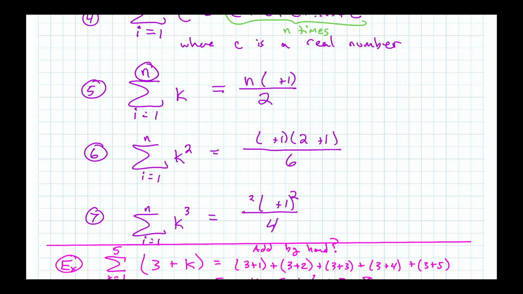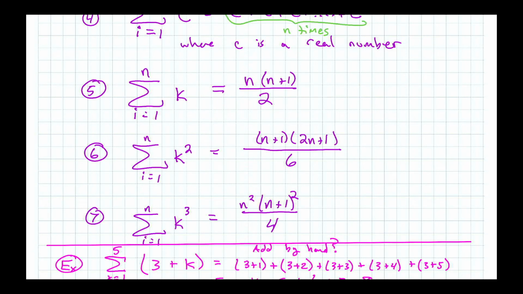The stopping index is what gives you your formula here. Those are all supposed to be n's, because that's what I used as my stopping index. I don't know why I screwed that up. Sorry about that. So if it goes from 1 to n, the n is going to give you what appears in your formula. That's a number, and you're going to know it.